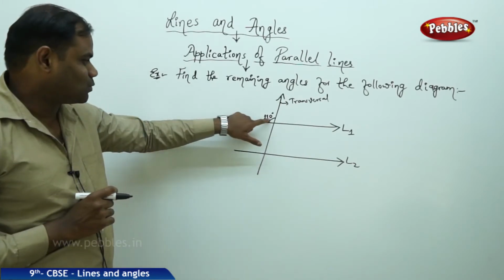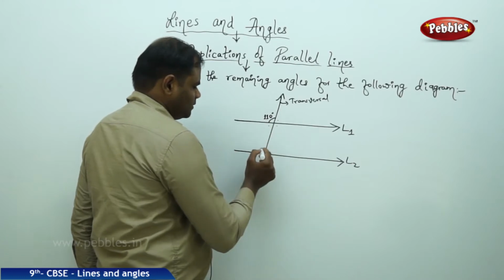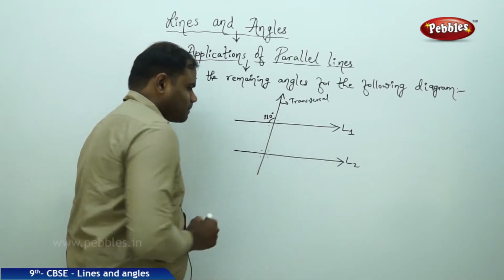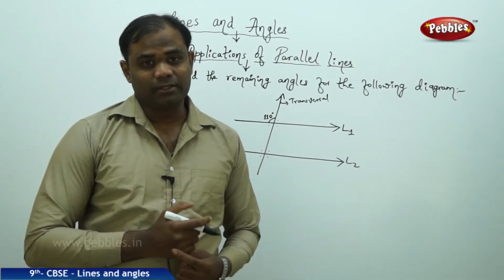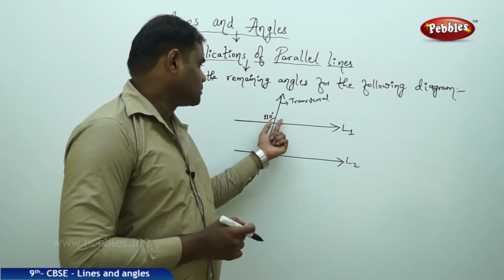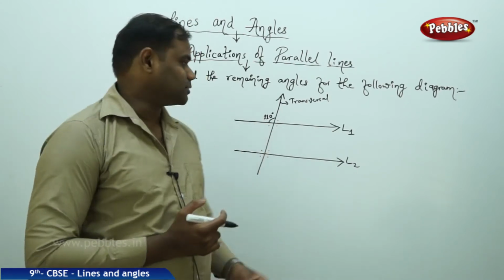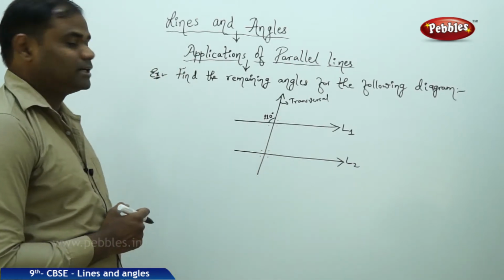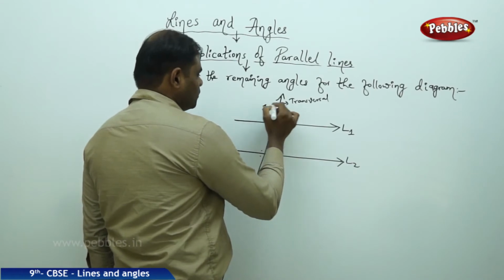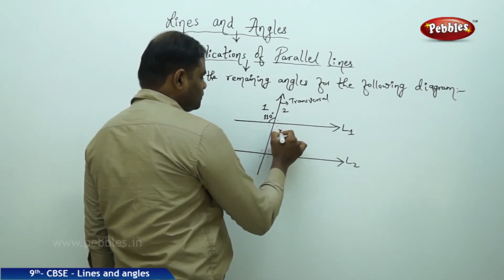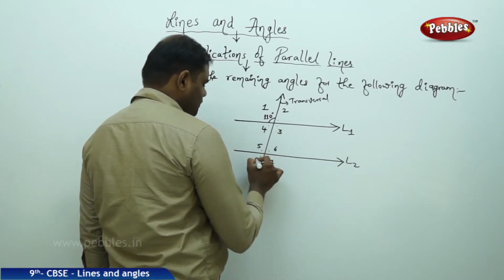So given that this is 110, I need to find each of the other angles using the 110 degrees. So let's see each of the angles. The angles are represented by angle 1, angle 2, angle 3, angle 4, 5, 6, 7 and 8.